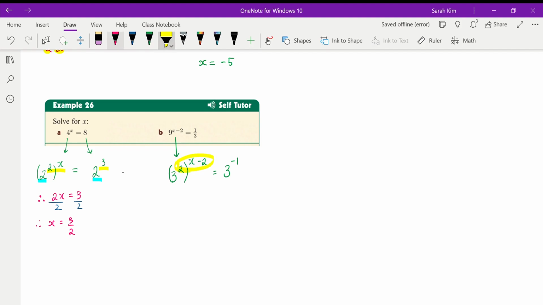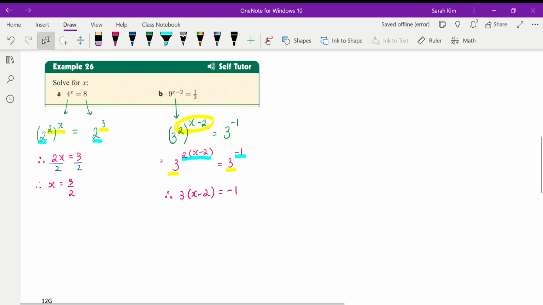That will be simplified to 3 to the power of 2 bracket x take 2. So these bases are the same, the powers must equal each other. Therefore 2 bracket x take 2 must equal negative 1.